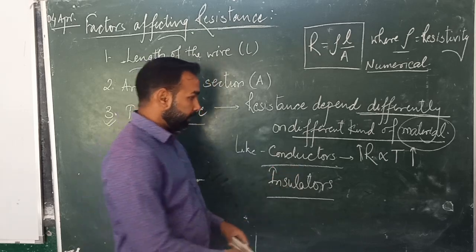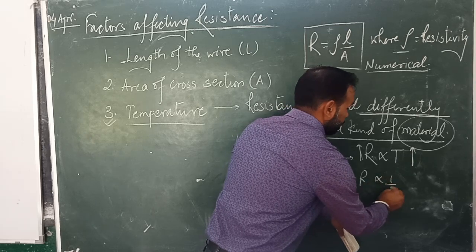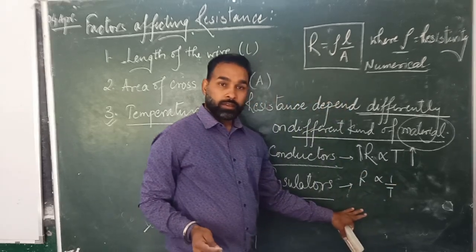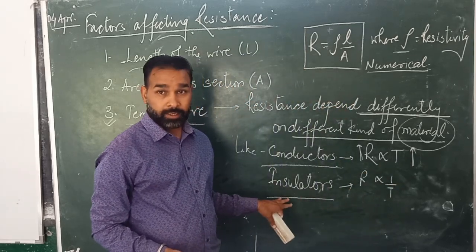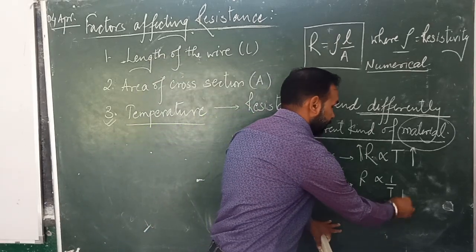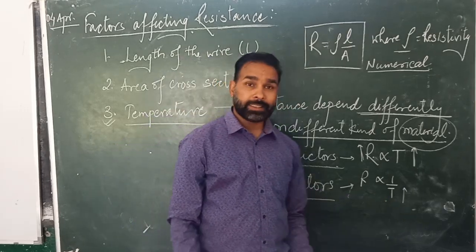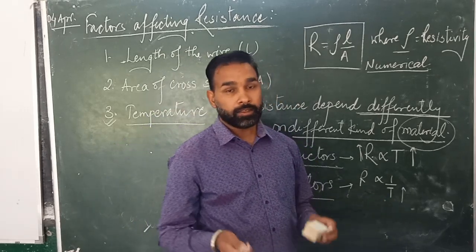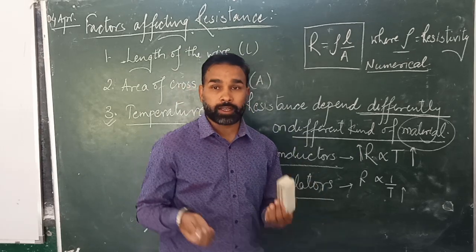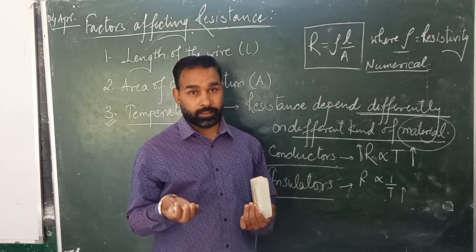For insulators, resistance is inversely proportional to temperature. Insulators are the materials which do not conduct electricity. So when you increase the temperature of insulators, there may be a possibility that a few of the electrons acquire such energy that they start conducting.